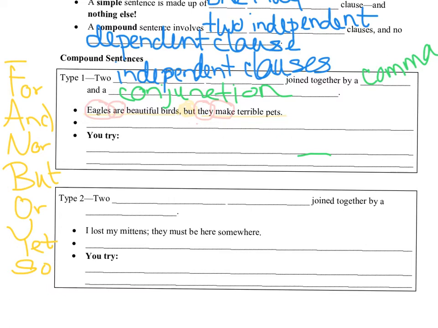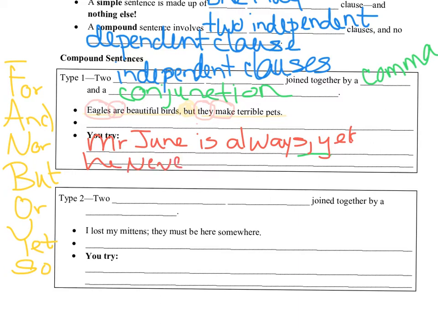Well, let's try one more. Let's see if I can pick on Mr. June since he was out last week. Mr. June is always hungry, comma, yet he never has his own food.